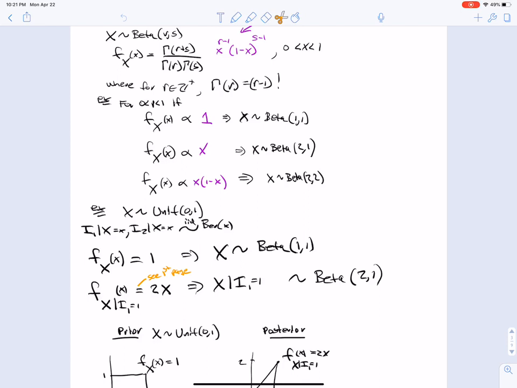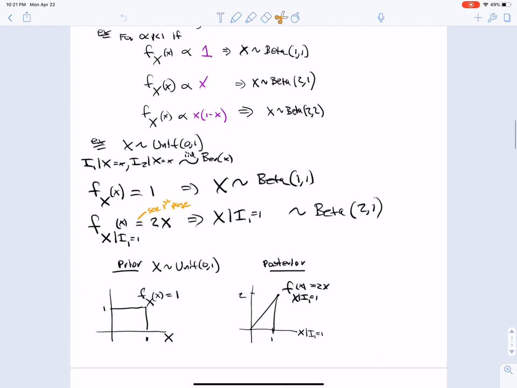And the conditional density of X given I1 is 1. We saw on the first page that this is 2x, so in particular the variable part is x, and hence X given I1 is a beta 2, 1.